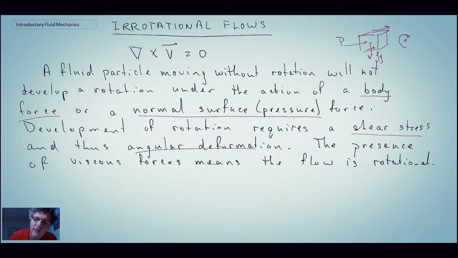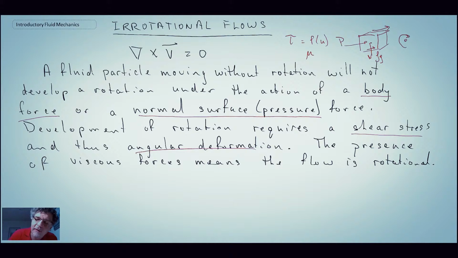We get that through the relationship between shear stress, which we had related to a function of velocity, and we saw that the viscosity had to be in there. So only viscous fluids will start to develop what we call rotational flow, and consequently that is a place where you would not be able to make this irrotational flow assumption.